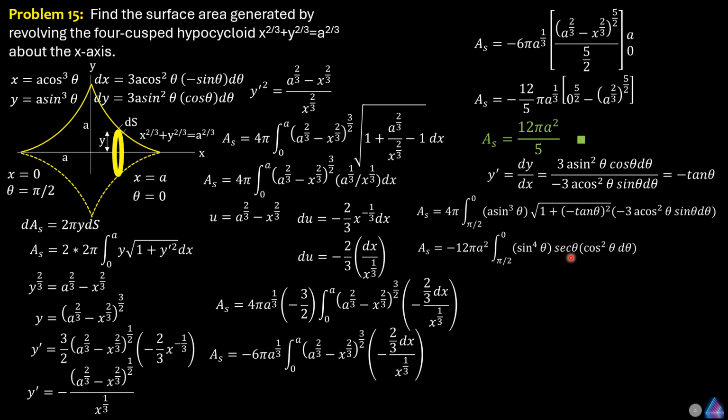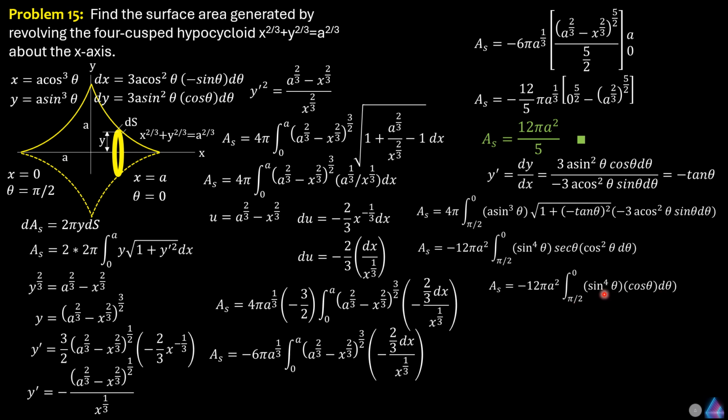Take note that secant theta is 1 over cosine, and we have cosine square here, so the value here is cosine theta d theta, and this is now integrable because if we let u be sine theta, the differential is cosine theta d theta. So area S is negative 12 pi a squared integral from pi over 2 to 0 of sine to the fourth theta cosine theta d theta.